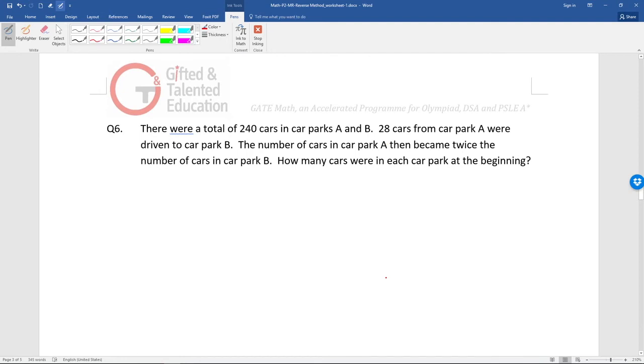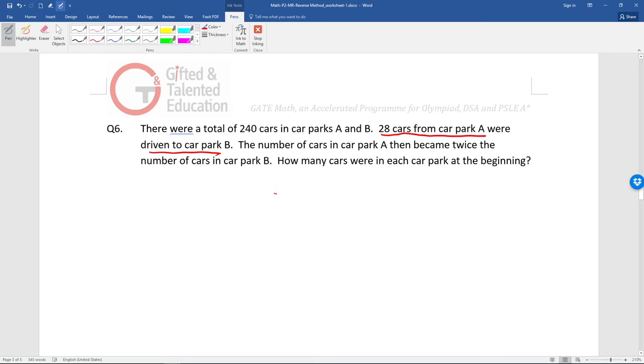For question 6, there were a total of 240 cars in car park A and car park B. 28 cars from A were driven to B. So for this question, we observe that the total number of cars remains the same because it is an internal transfer.